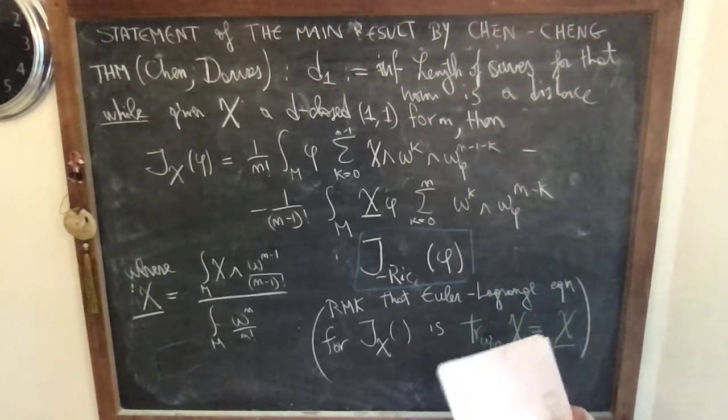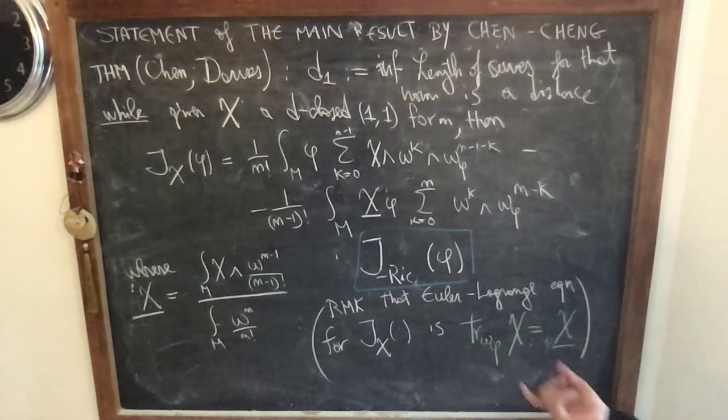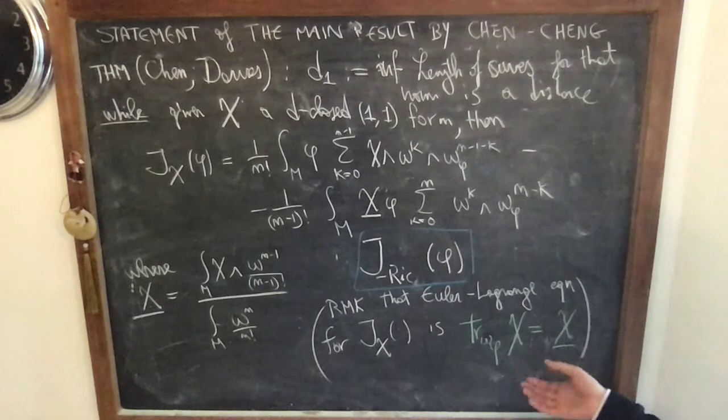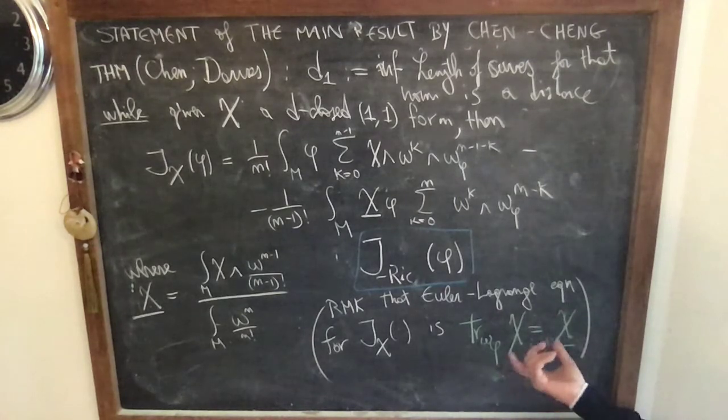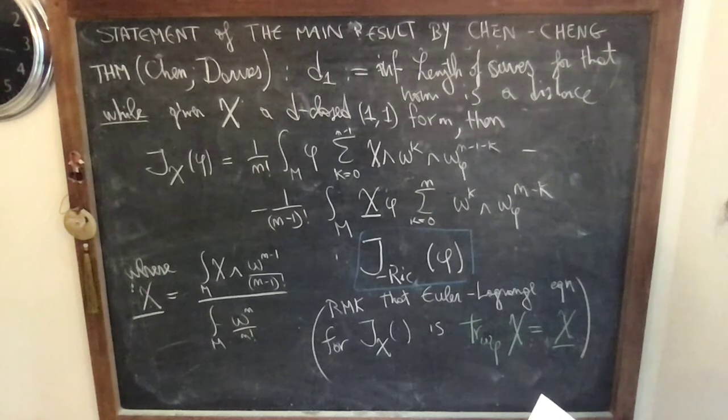So earlier we said that the Euler-Lagrange equation of the K energy is the cscK equation. Here, without deriving it, we just state the result, the fact that the Euler-Lagrange equation for the J functional is this equation that will come back also in future discussion.